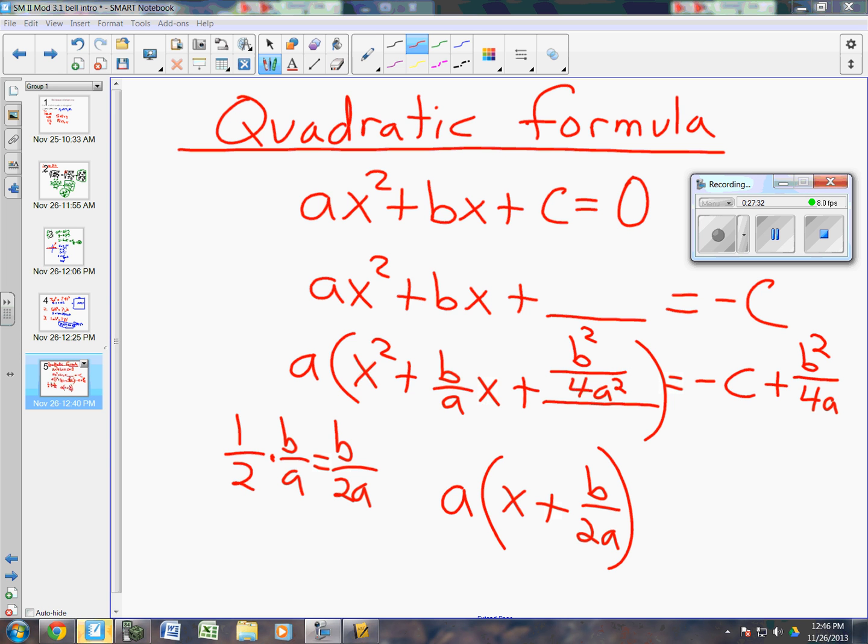And on the right side, I'm going to rewrite this as b squared over 4a minus the c out here like that. And actually, I'm going to get a common denominator on the right side.